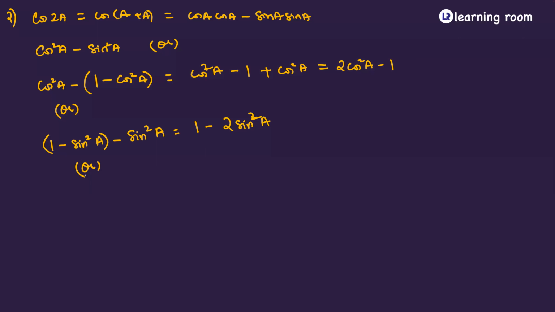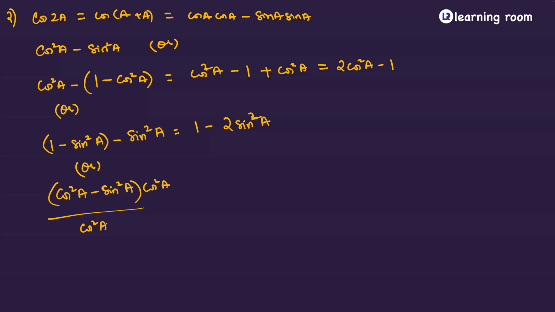Right. So how it happens is it is cos square a minus sin square a. We'll try to completely write this in terms of tan. So if I have to write this in terms of tan, again the same logic, multiply and divide it with cos square a.